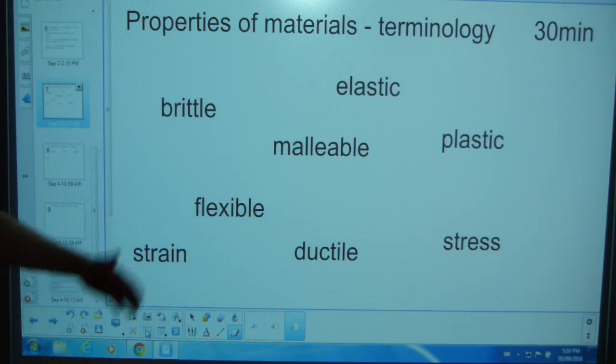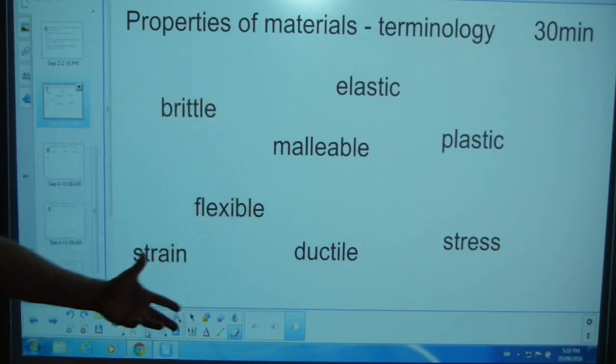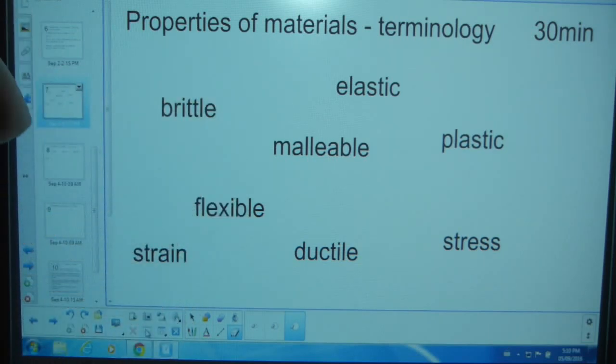Because it's terminology, we'll do a little bit of grammar and logic. Not too much grammar, but it's going to help you understand how these words are used and form this logical chain that describes behavior of materials.